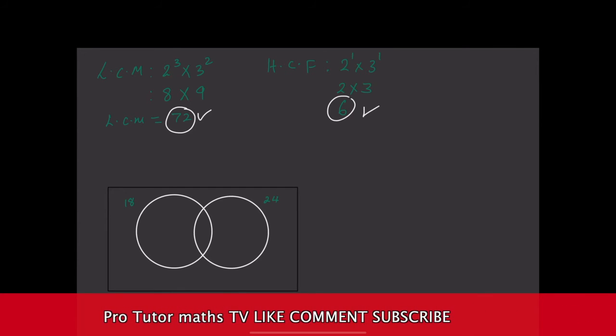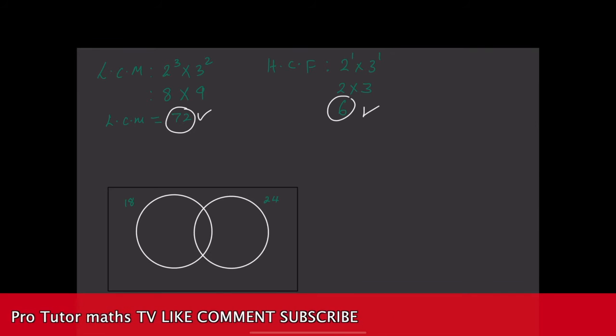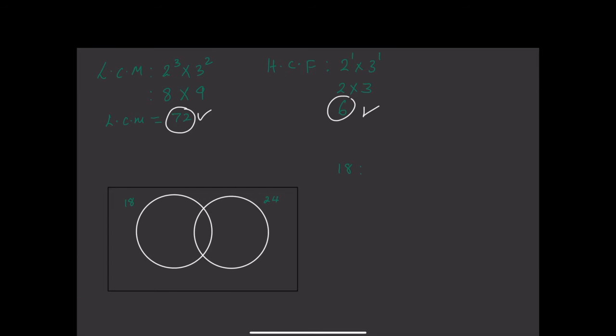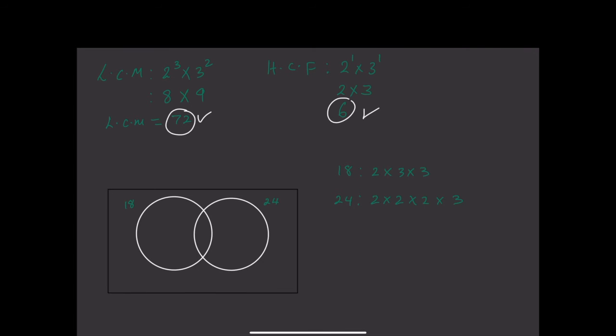So the first thing we're going to do is write down our values expressed as a product of primes. So we know that 18 is 2 times 3 times 3. And we know that 24 is 2 times 2 times 2 times 3.